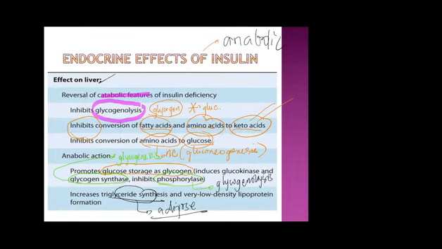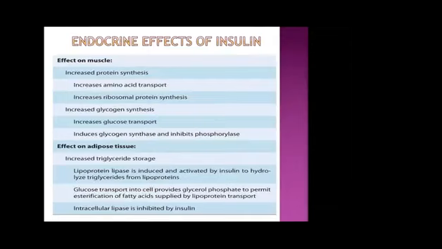So more on anabolic pa rin siya. Okay? So these are the effects of insulin in the liver. So we have inhibition of glycogenolysis, inhibits ketoacid formation, inhibits gluconeogenesis, promotes glycogenesis, and then promotes triglyceride synthesis or esterification of fatty acids.